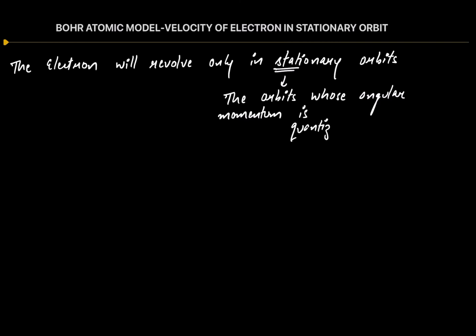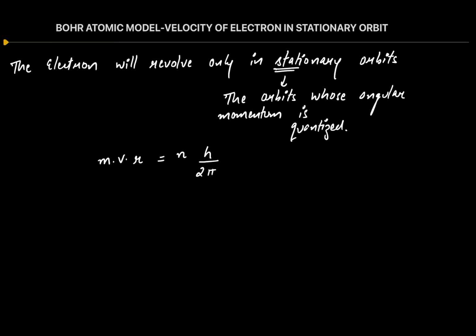What is angular momentum? It's mvr. The angular momentum mvr must be a whole number multiple of h upon 2 pi. The whole number stands for the small n, the orbit number.